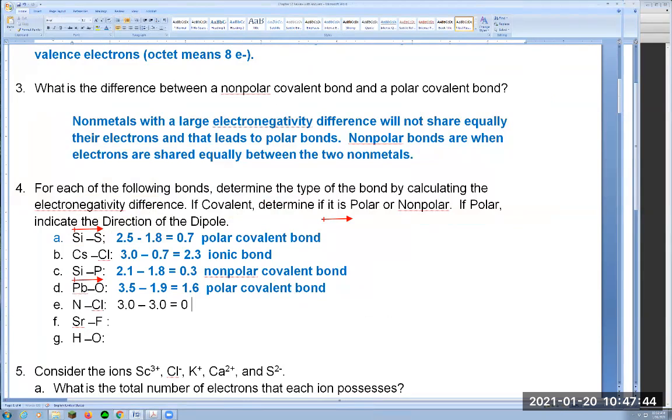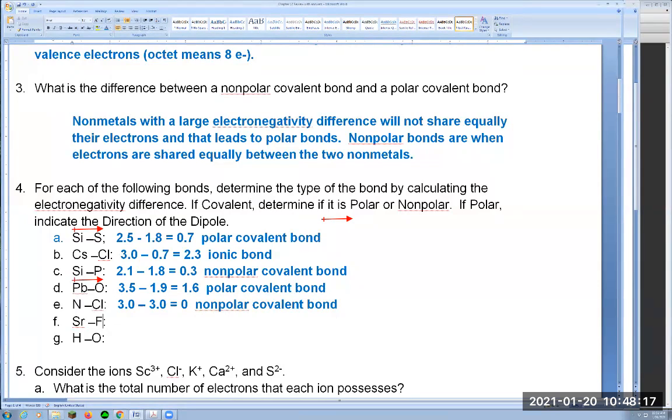Because it's 0, we know it's a nonpolar covalent bond. Sometimes we also call them pure covalent bonds, pure because none of the atoms here is attracting the electrons more than the other. So the electrons are really equally shared. That's why we say it's a pure covalent bond or a nonpolar covalent bond.